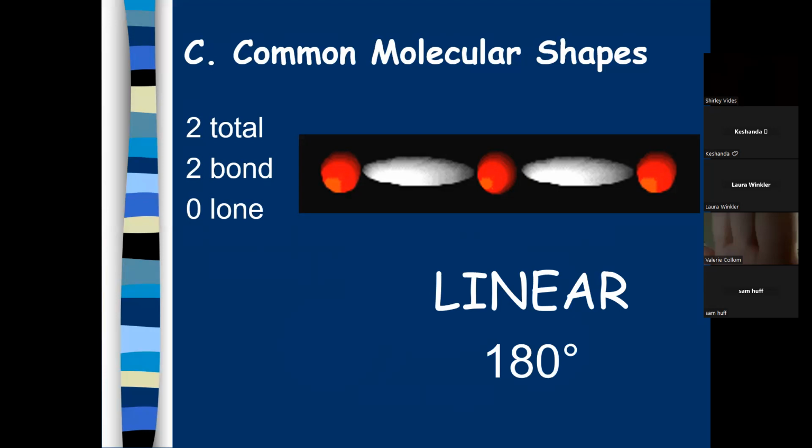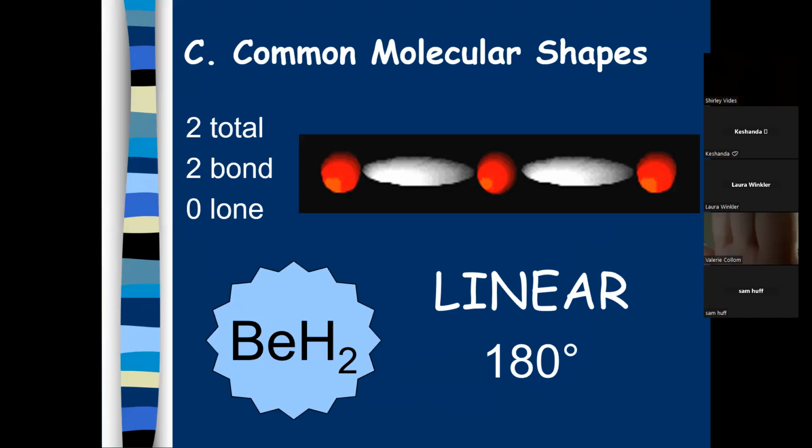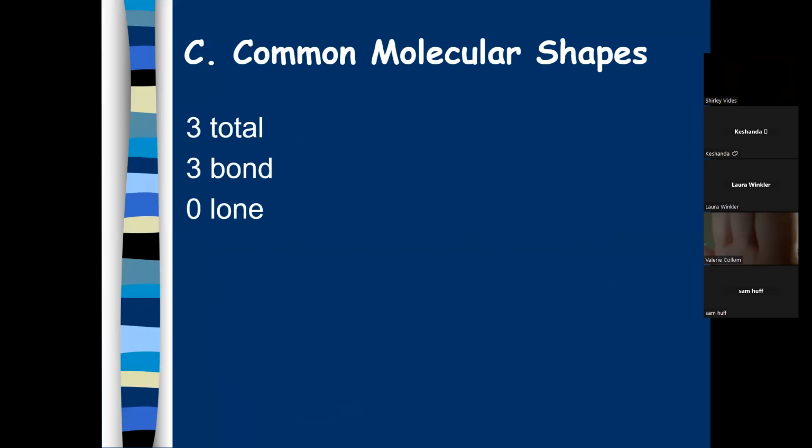Okay. An example is beryllium hydride. All right. There's another one. You might want to write these down, although they are in your VSEPR lab. All of this is in the VSEPR lab.